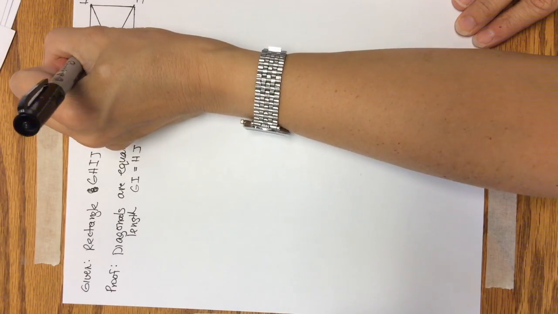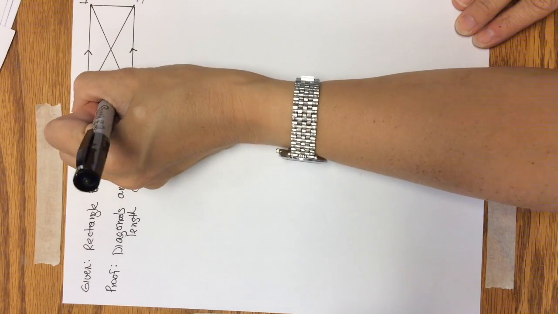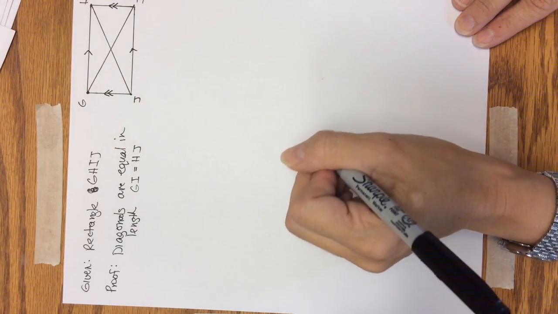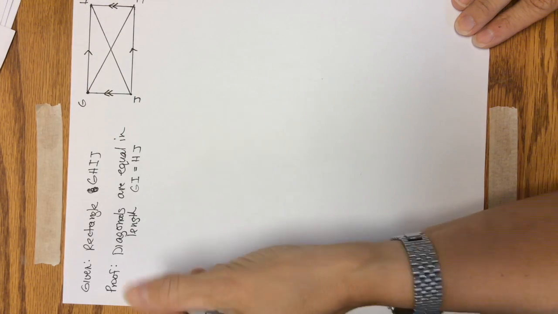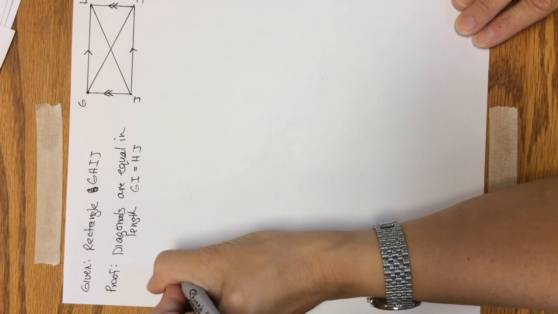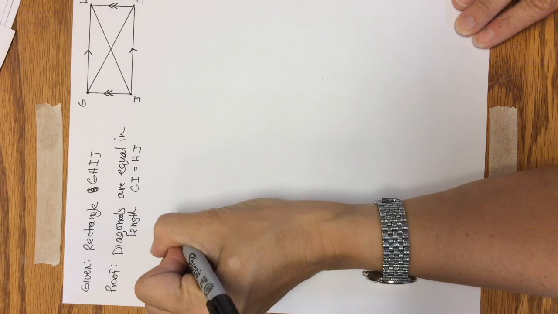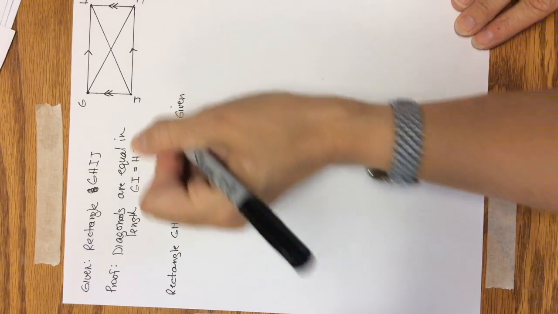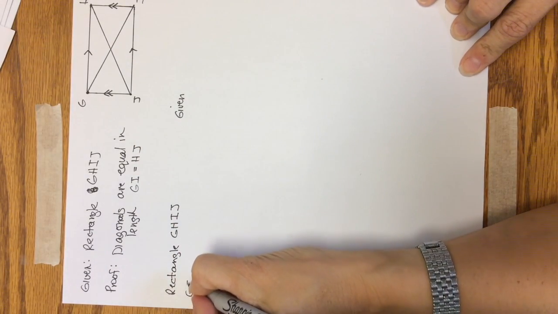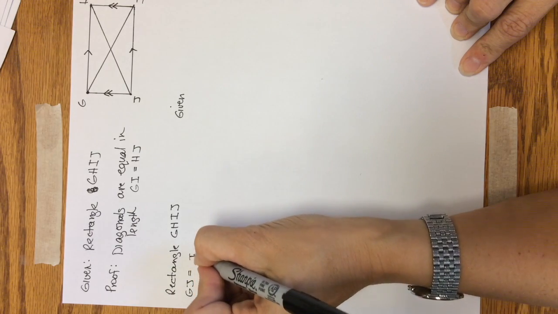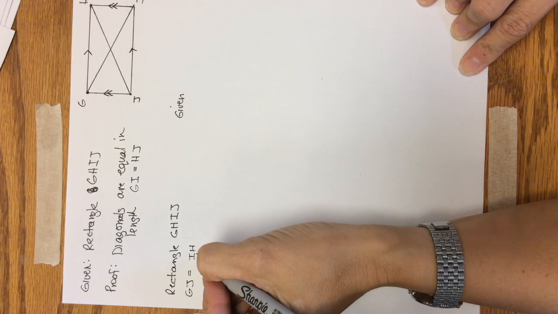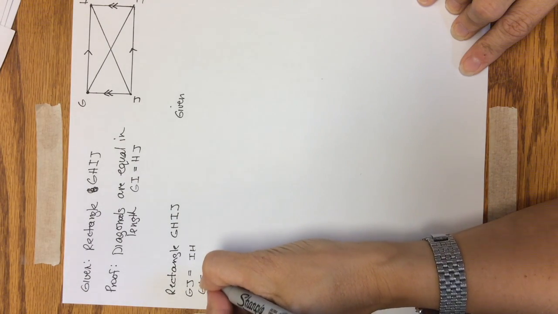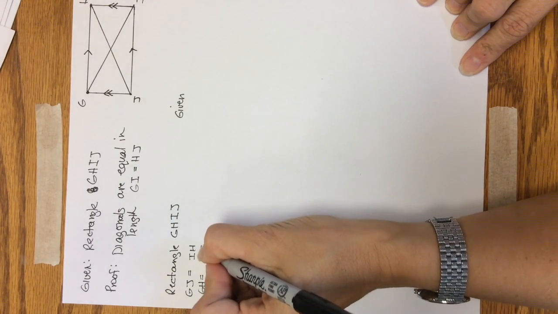We know that opposite sides are parallel, and we also know that opposite sides are congruent, correct? So we have rectangle GHIJ. That is in fact given, and we know that GJ equals IH, and GH equals JI.